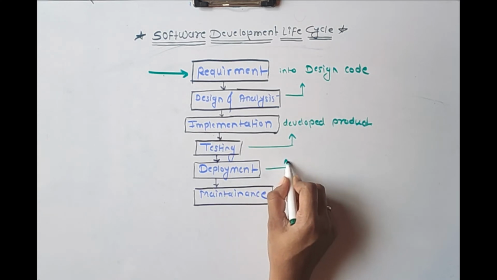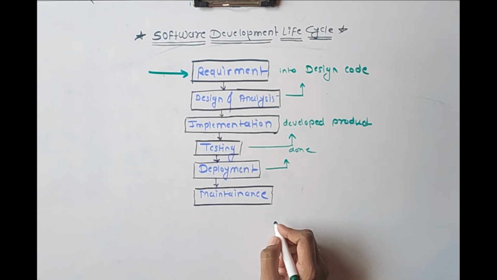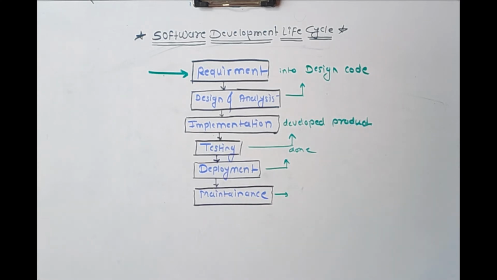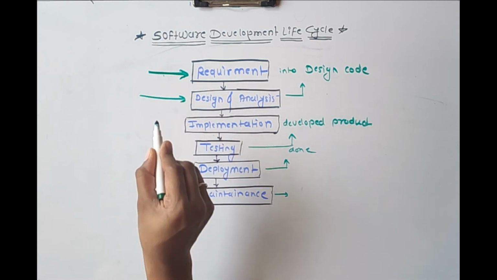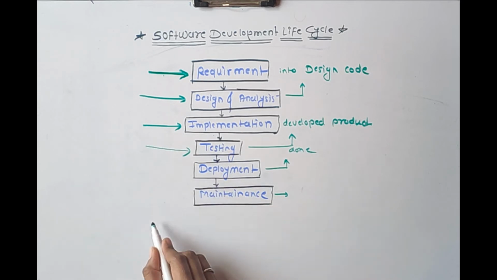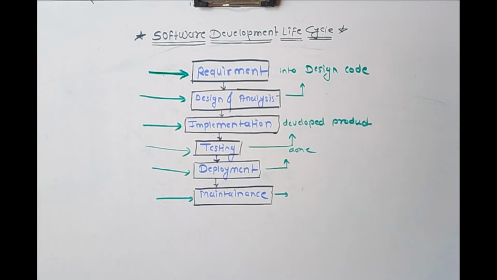Then after deployment there is a maintenance phase. So the phases are: first requirement, second design and analysis, third implementation, fourth testing, fifth deployment, and sixth maintenance.